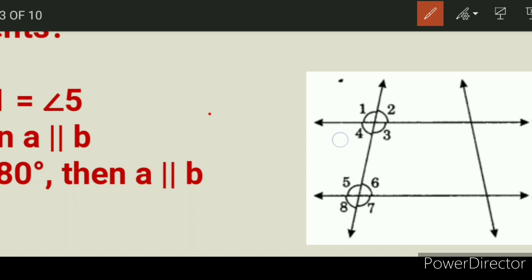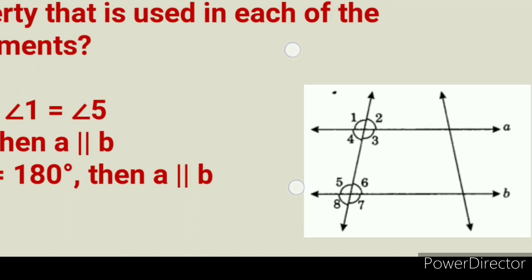Look at the figure: 4 and 5 lie between, that is inside the parallel lines. That is co-interior angles, isn't it? Inside the parallel lines, on the same side, the left-hand side of the transversal. So we can say it is co-interior angles.